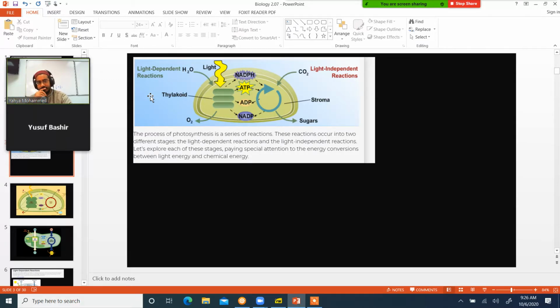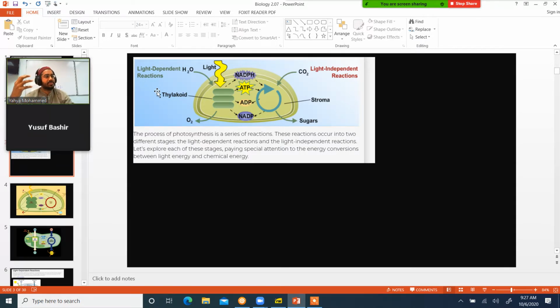Light dependent reactions, which can only take place during the daytime. The production of ATP, NADPH, and oxygen. Light dependent, because it depends on light. It needs the light.